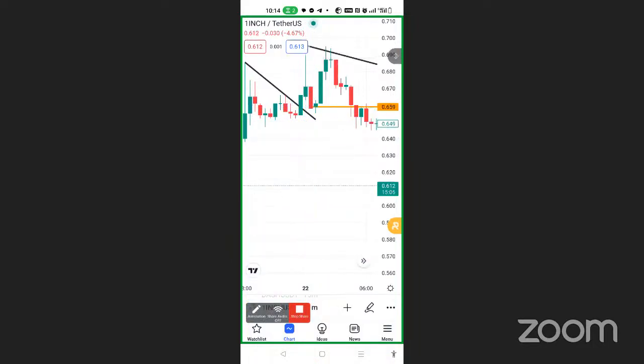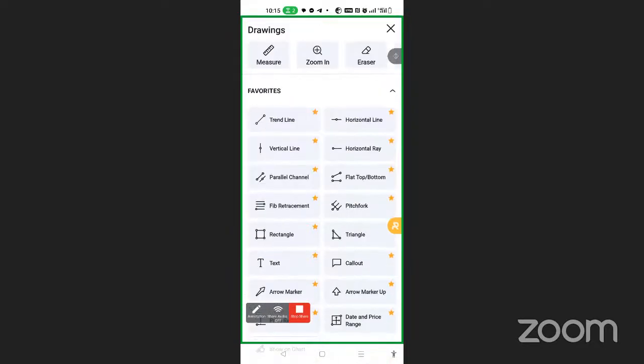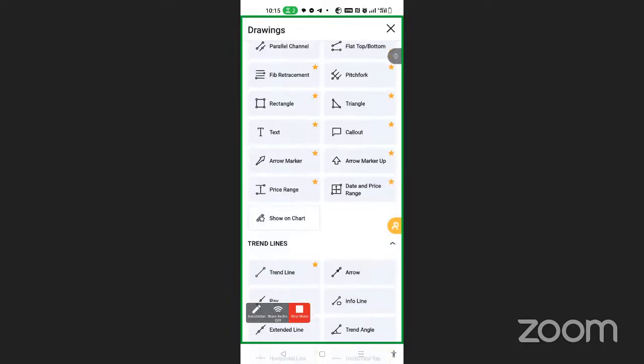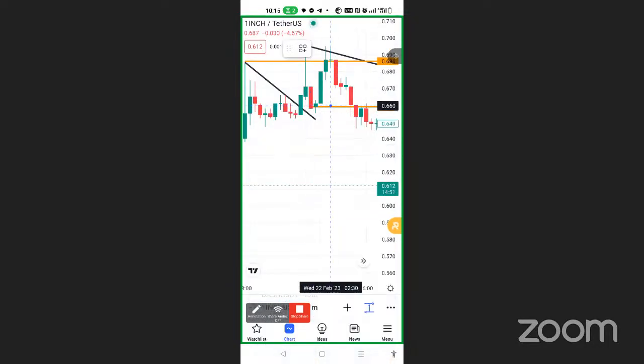Then where do I make my exit? At the previous high. Where is the previous high? This point here. Without indicators or anything. So I make my entry here. So when I measure this 4%, that will be my take profit.